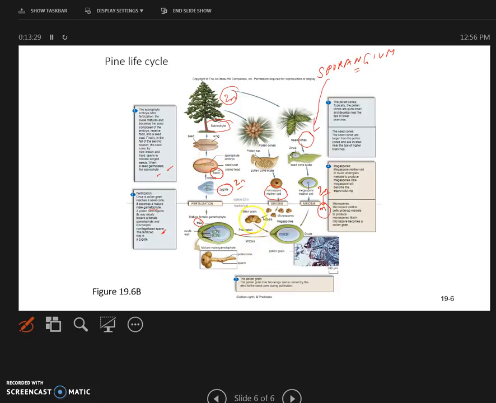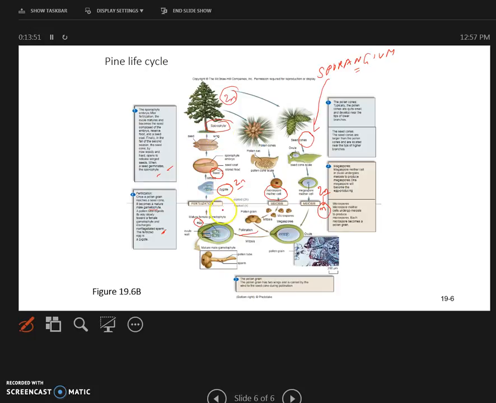The gametophyte is a very, very small stage. You cannot even see it. The gametophyte is a very short part of the life cycle, microscopic, like I said. The sporophyte is the dominant generation.